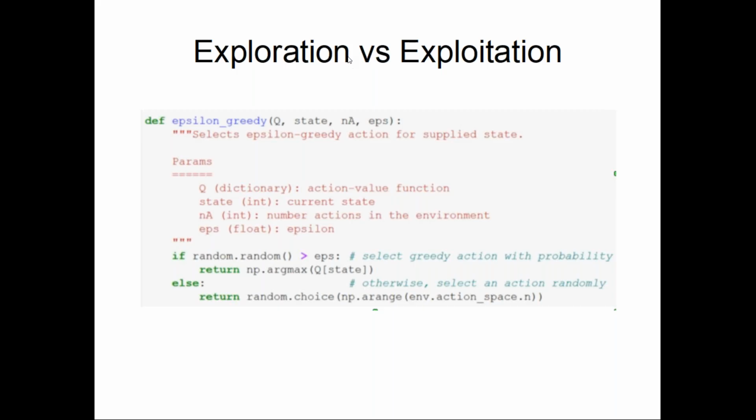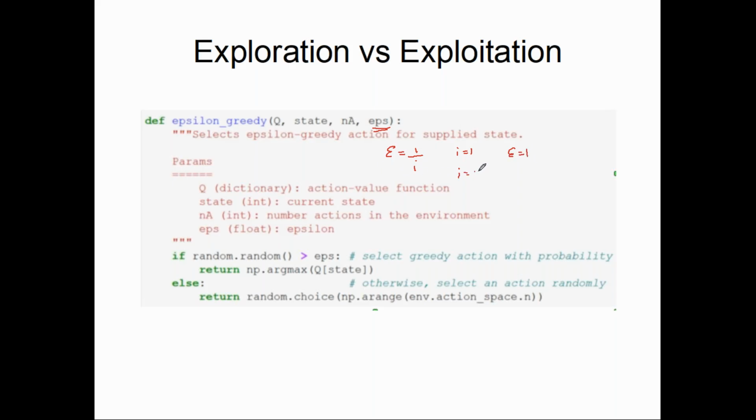I'll give you more clearly with reference to this small code. See, one is epsilon, right? Epsilon is equal to 1 by the iteration I. If I is equal to 1, epsilon is equal to 1.